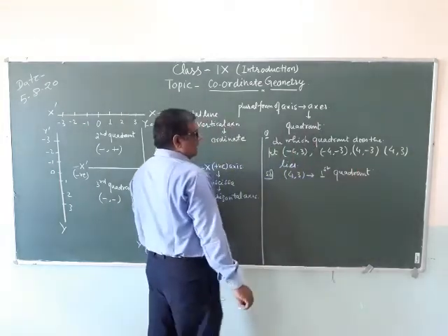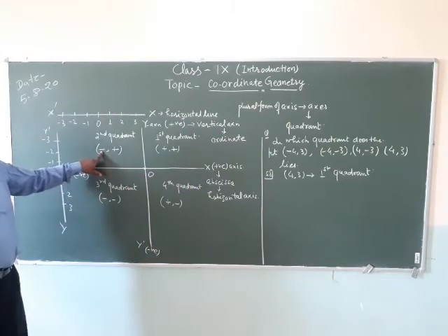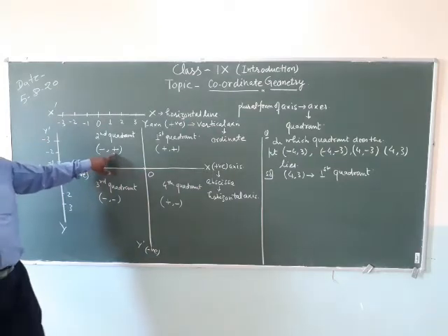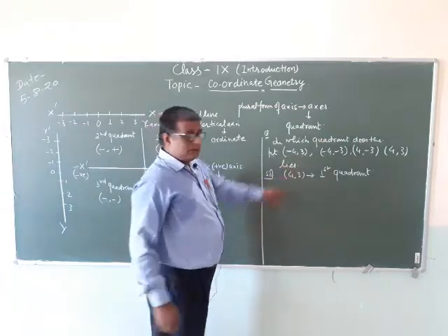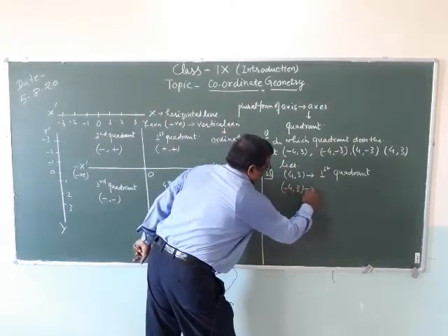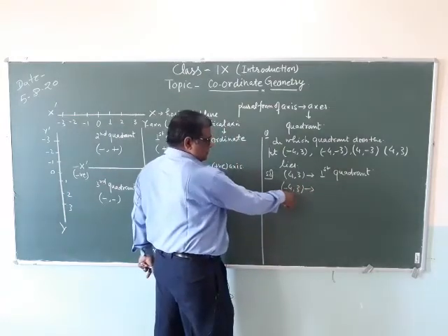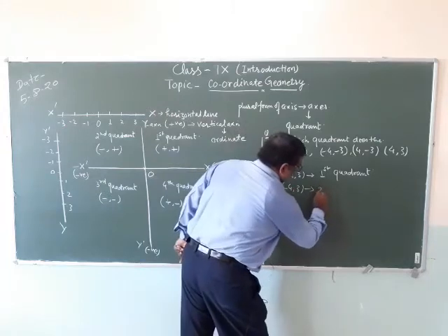Now again second, x is negative, y is positive. Now take here (-4, 3), here x is negative, y is positive, this lies in second quadrant.